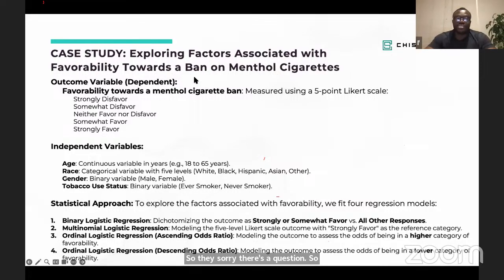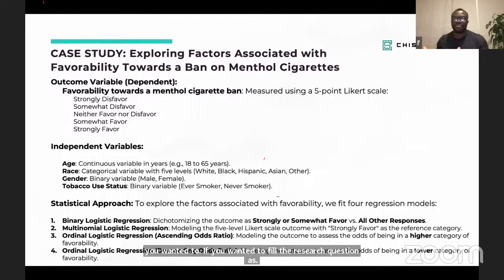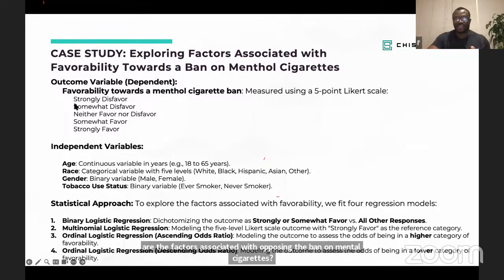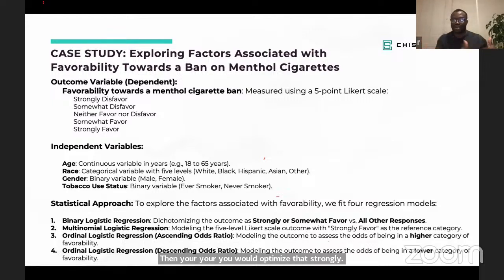There's a question: so the dichotomy would be either favored. Yeah, well, the question is factors associated with favorability, right? The dichotomy is driven by how we want to frame the research question. So it's not a rule, it's your preference. If you wanted to frame the research question as, what are the factors associated with opposing the ban on menthol cigarettes, then your dichotomy is strongly disfavor and somewhat disfavor versus the rest.